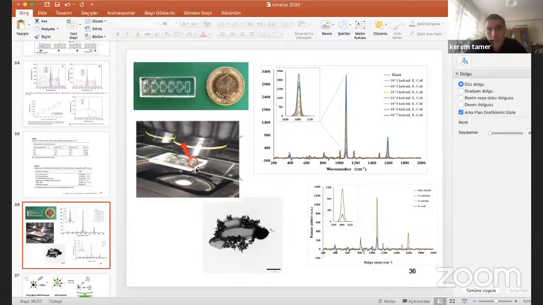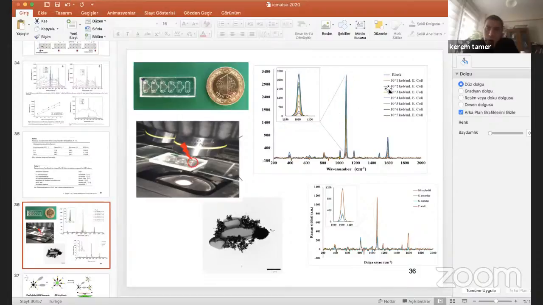Then you can get the signal. As you see, when we interact the bacteria with the antibody-modified nanoparticle, you can get the signal. With the increase of the target, you can easily see that our Raman signal intensity is increasing.